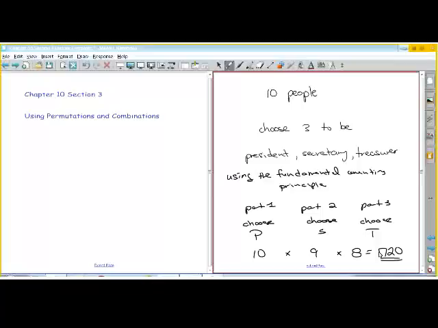And what we say about this is that the order is important. Now, I said the order of choosing secretary, treasurer, and president was not important, but it is important because you can distinguish between what a president does and what a secretary does and what a treasurer does.